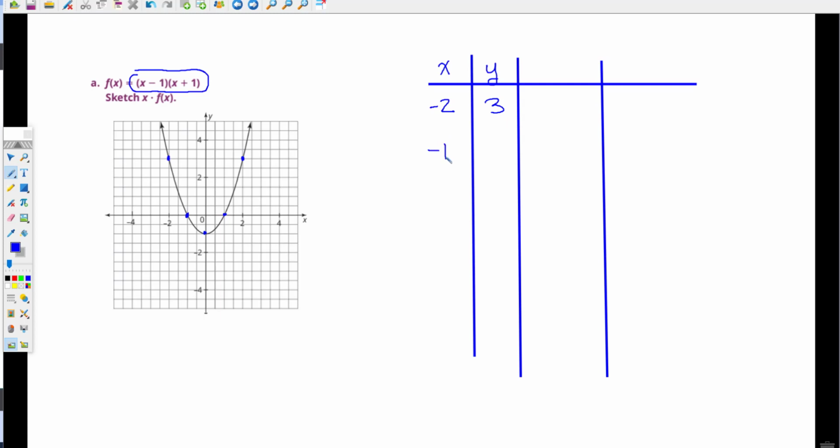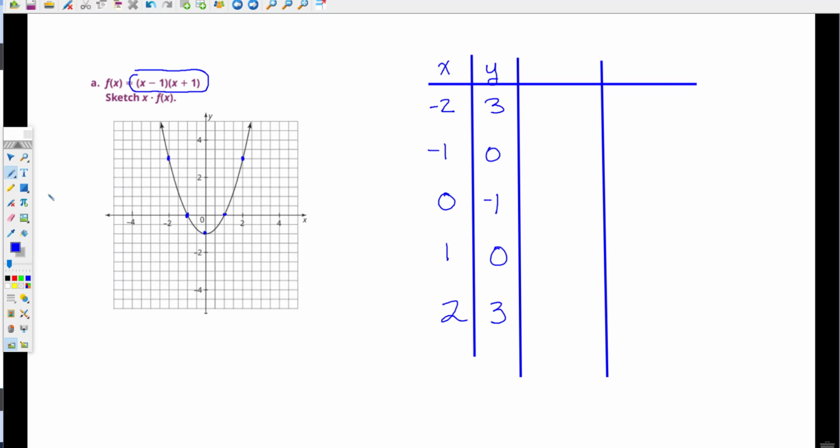When my X was -1, I was at 0. My X was 0, I was at -1. When my X was 1, I was at 0. When my X was 2, I was at positive 3.